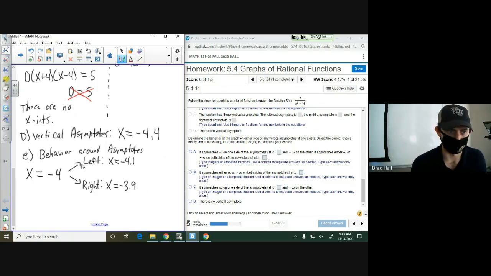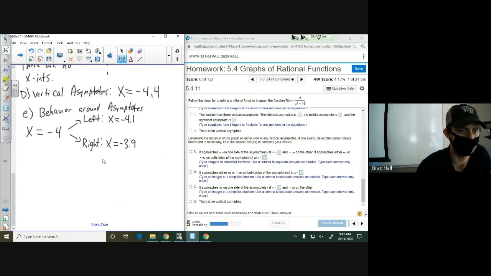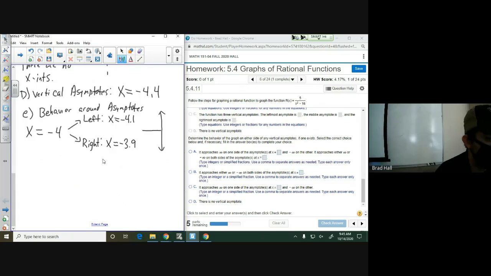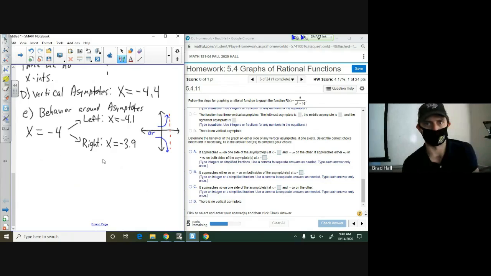Because with asymptotes, at any particular asymptote, generally the graph will either trace it going upwards towards positive infinity, or going downwards towards negative infinity. And the question is asking which direction it is going in.